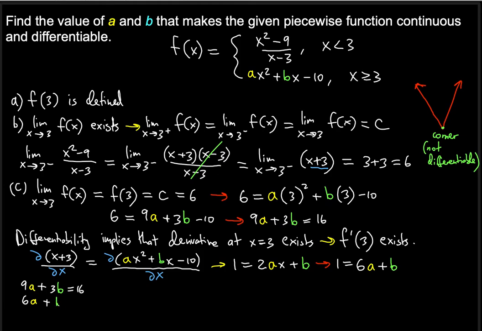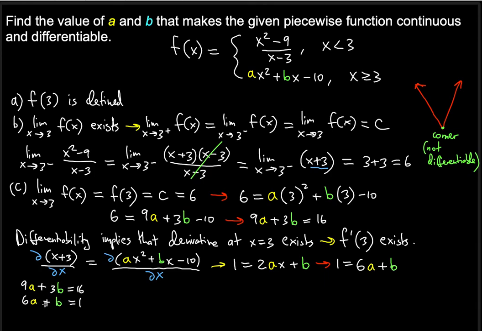And notice I'm writing the constants vertically because it will be easier that way to work them out to arrive at one equation. 6a plus b is equal to 1, right? So what you want to do is eliminate the b. It will be easier to eliminate the b than the a, because there's a 6 and a 9, whereas here there's only 1. Coefficient 1 versus 3 is easier.